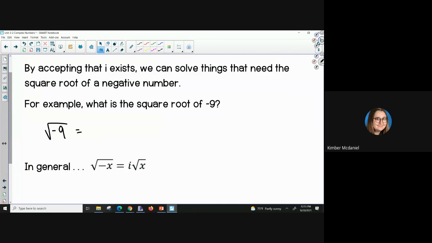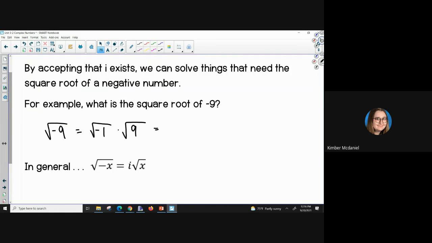Again, up until this point, you've been taught you can't take the square root of -9. However, using the concept of i, we can rewrite the square root of -9 as the square root of -1 times the square root of 9. Based on what we wrote in the last slide, what can I replace the square root of -1 with? With i.